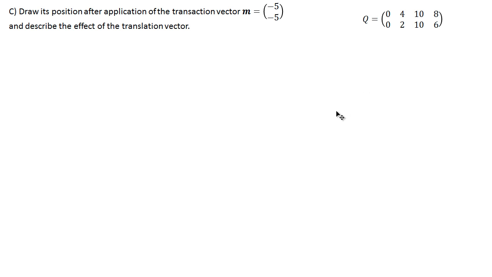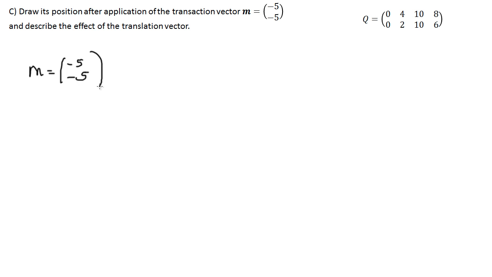Okay, and we are back to this question. Now part C says, draw its position after application of the vector m equals (-5, -5), and describe the effect of the translation vector. When we deal with vectors, we do something different. We have vector m equals (-5, -5).